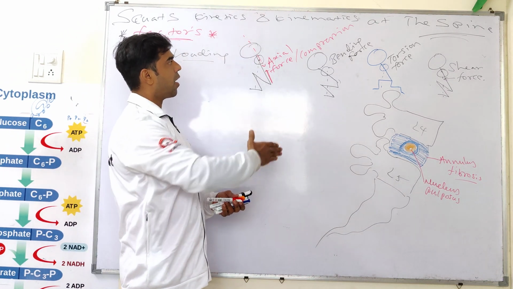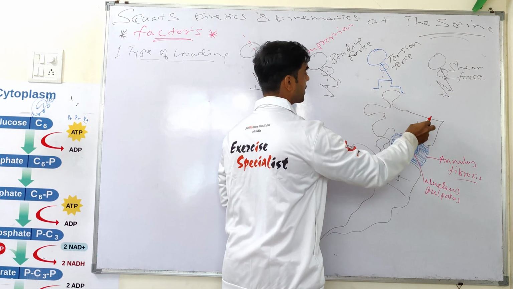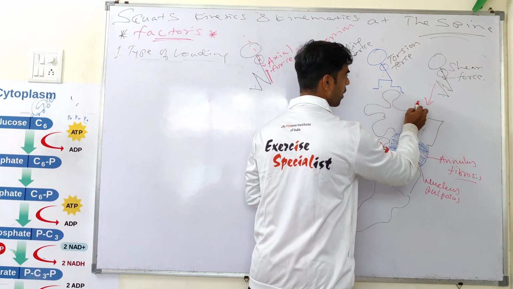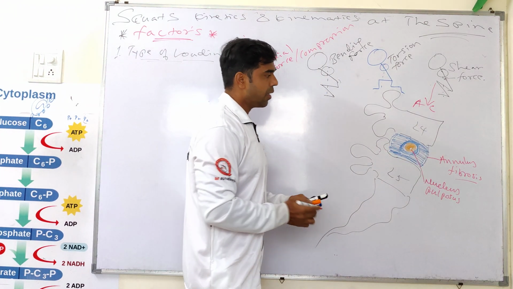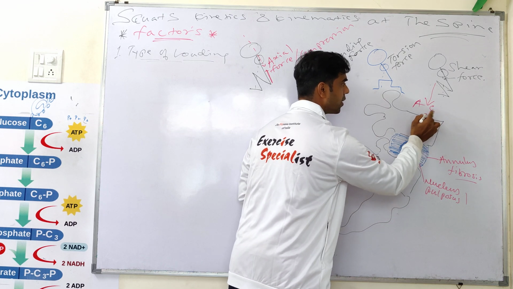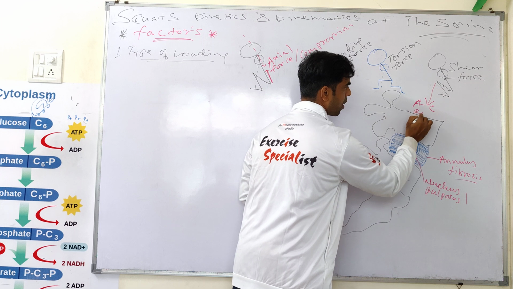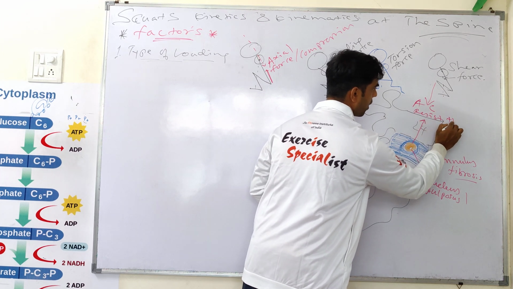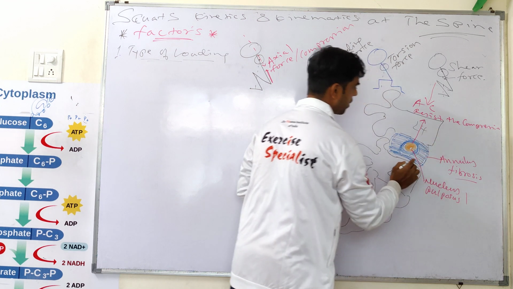Now, whenever there is axial compression, this nucleus pulposus will resist the compression, right?